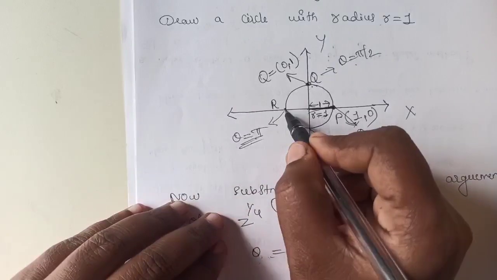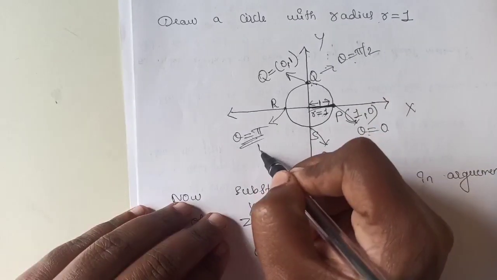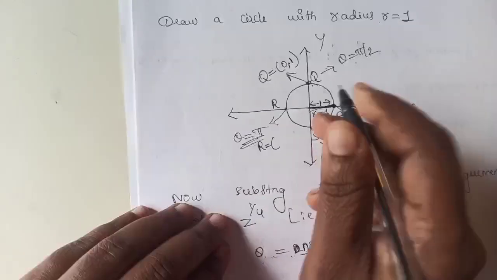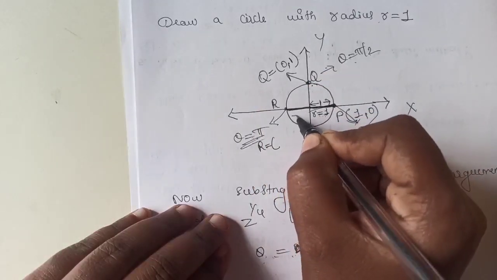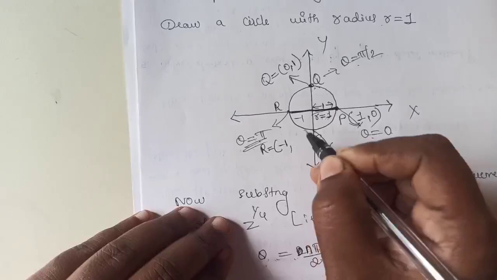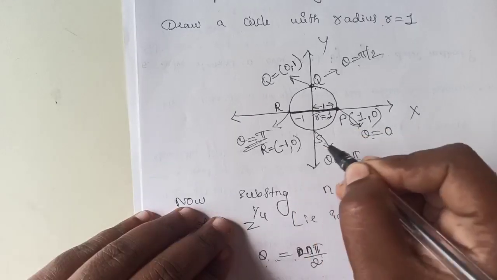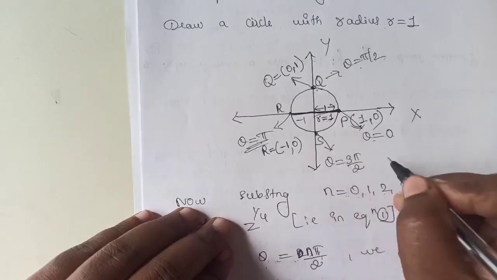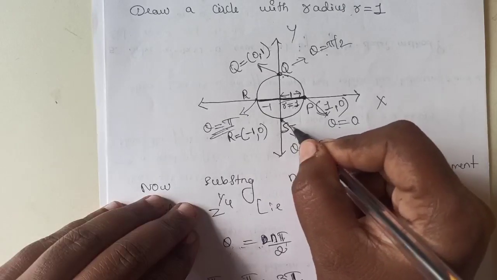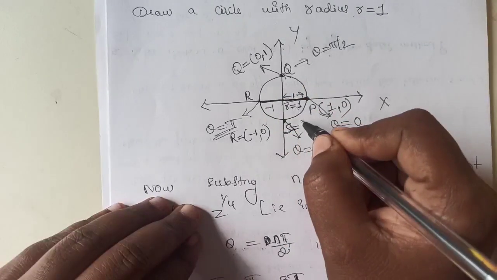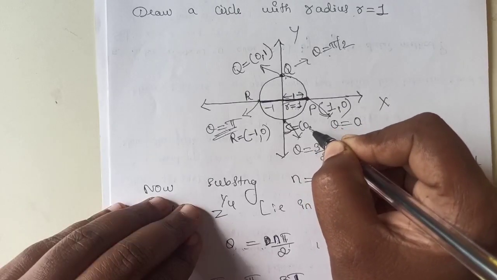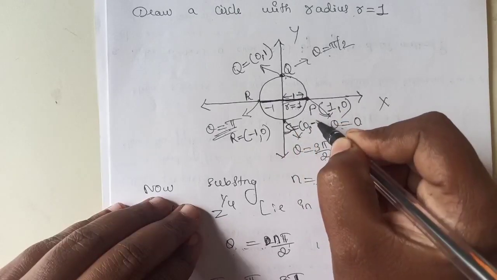Similarly for R, this is the negative x-axis, so it is minus 1 comma 0. For point S, it is the negative y-axis, but the x value is 0, and the y value is minus 1.